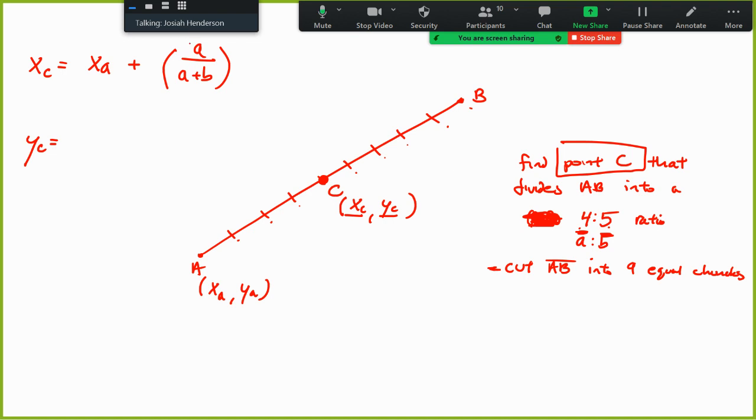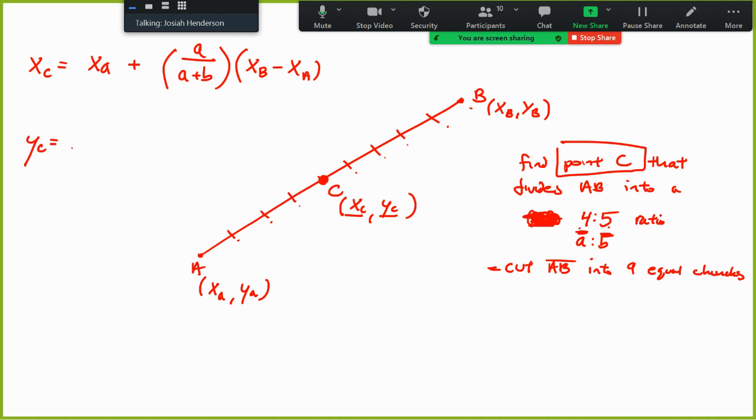4 to 5, A to B. So for this example, we would do 4 over 4 plus 5, 4/9. And then it's a subtraction for both of these. It's X of B minus x of a. And that's the x of the b point. Okay.